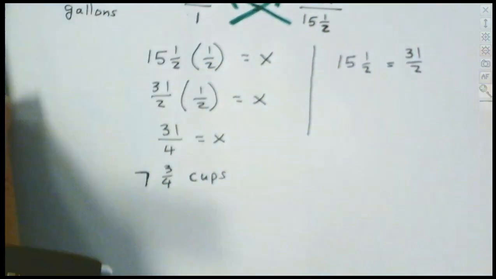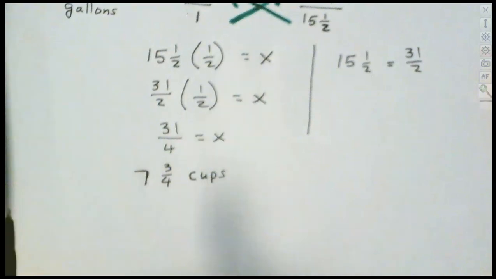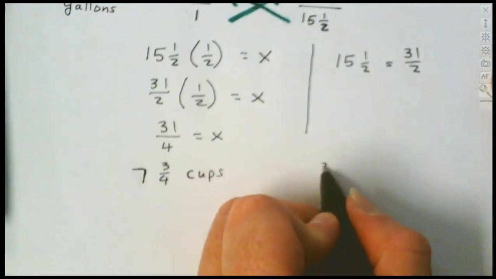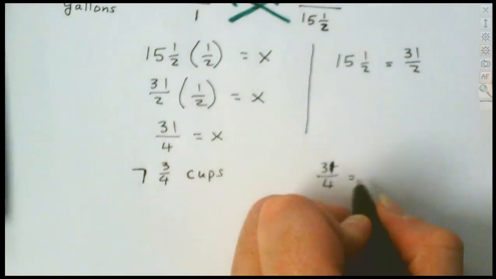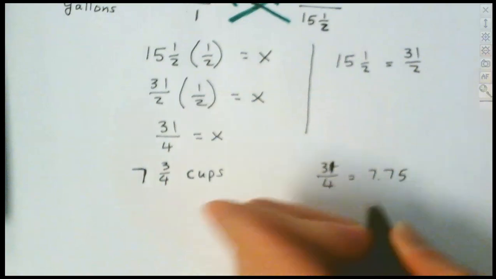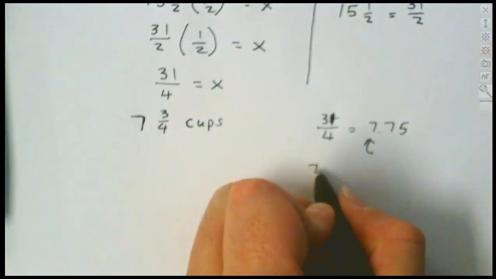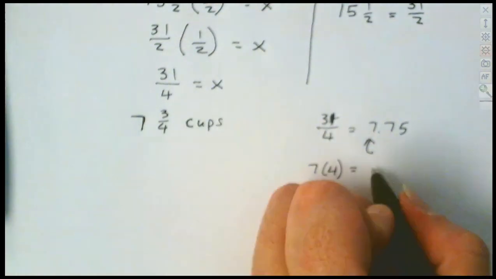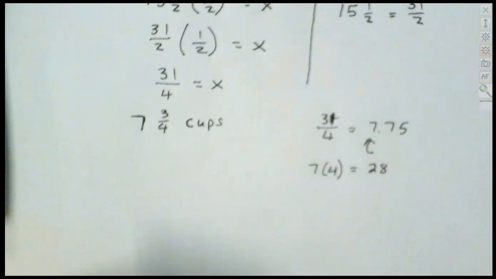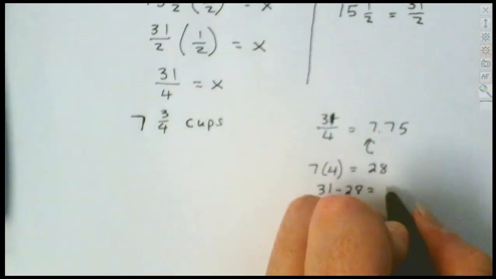Okay, and how did I do that? Well, I divided. 31 divided by 4 is 7.75. So remember, that's your whole part. 7 times that 4 is 28, and 31 minus 28 makes it then what? 3.